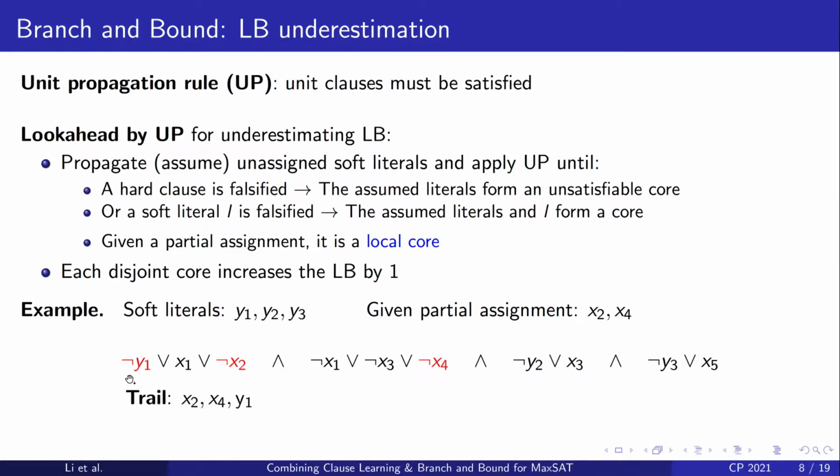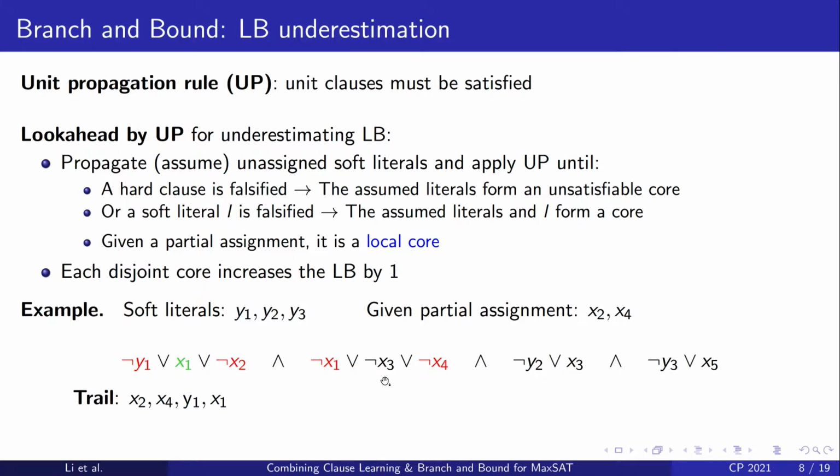And now we can observe that this clause here has become unit. This means that all the literals of the clause are falsified except one, that is this literal x1, that is unassigned. Then the unit propagation rule says that in this case we can propagate this literal to true. So we apply unit propagation and we do that. And then we can observe that another clause has become unit.